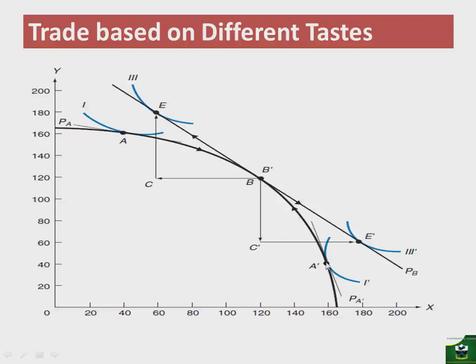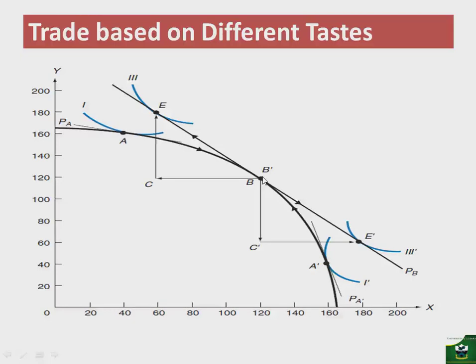In the same way, we can see that nation 2 has a steeper slope, which means that the relative commodity price is higher in nation 2, and therefore nation 2 has a comparative advantage in the production of commodity Y. And this means that nation 2 will move up the production frontier all the way to point B prime, where it meets the international relative commodity price.